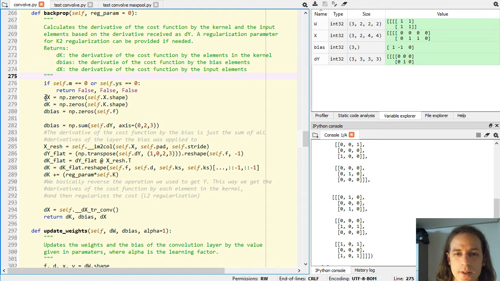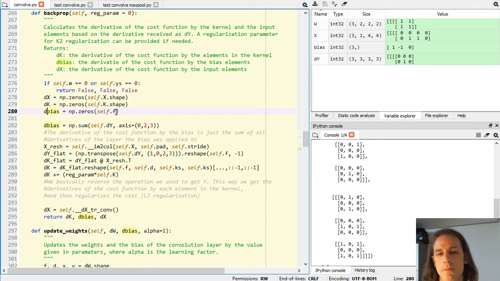Okay, so dx should have the same shape as x. dk should have the same shape as k, the kernel, and the bias vector should have the size f. Which is how many?